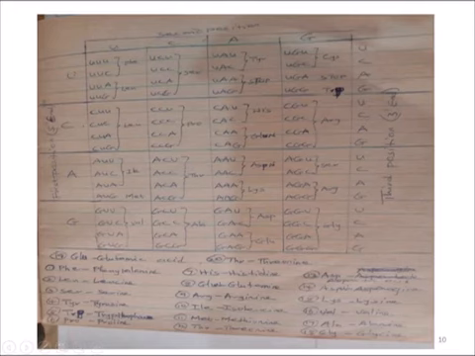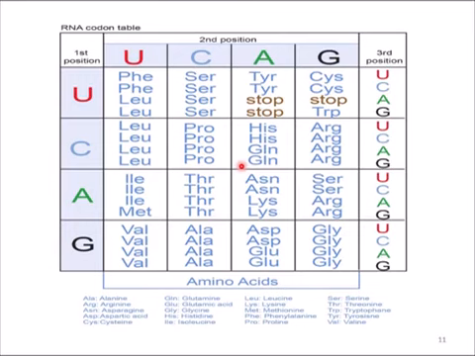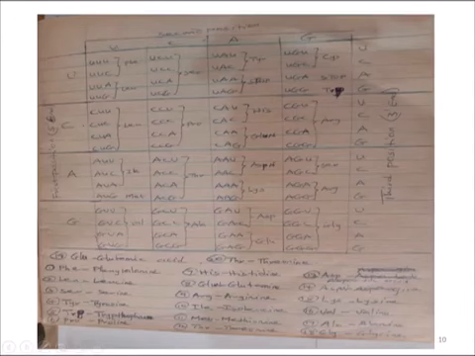In the first plate, I've shown what was handwritten, showing the code, and in the next figure, which I got from somewhere and am using for this lecture, I explain the 64 code words and the amino acids that they code for.